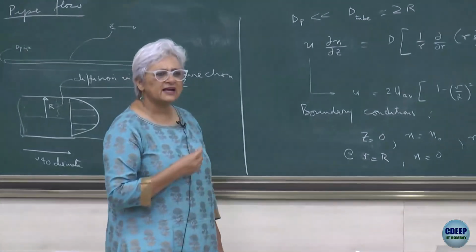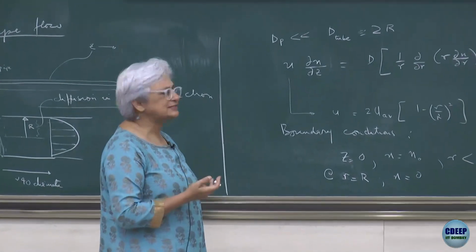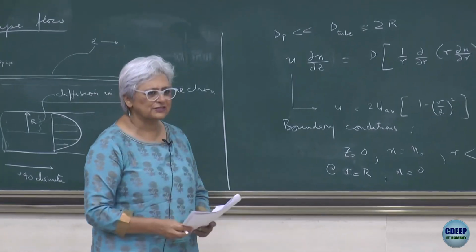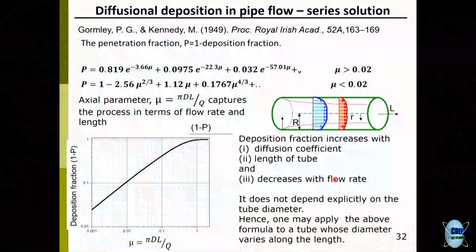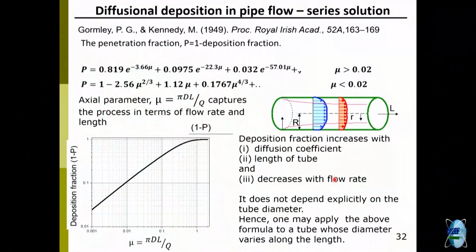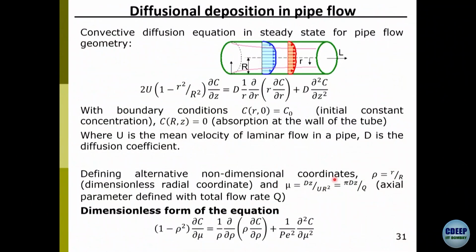We have these standard solutions over here, and you have a parameter. Actually, what I missed saying is that we can non-dimensionalize this equation in terms of a non-dimensional radial parameter rho and a mu, as it's called.